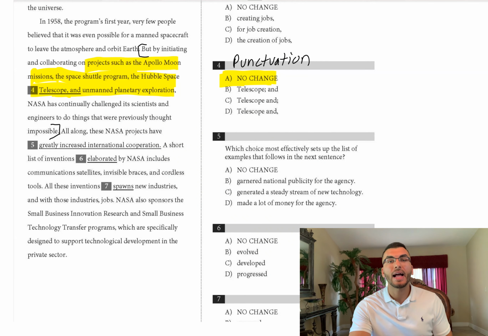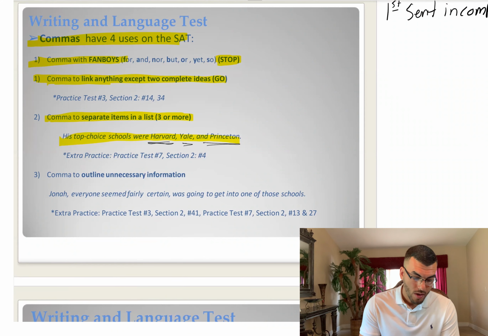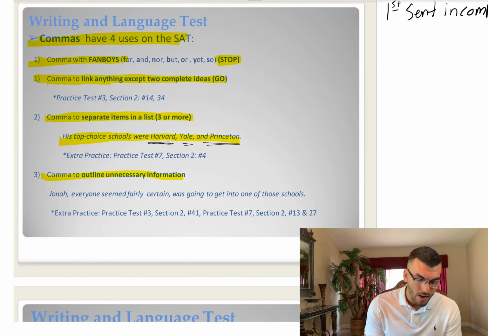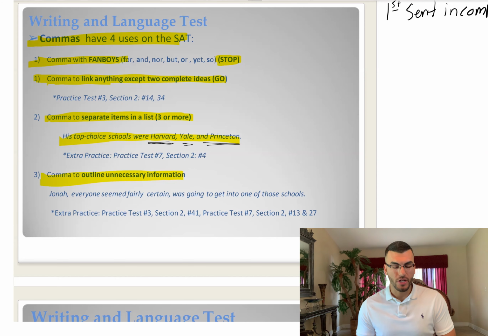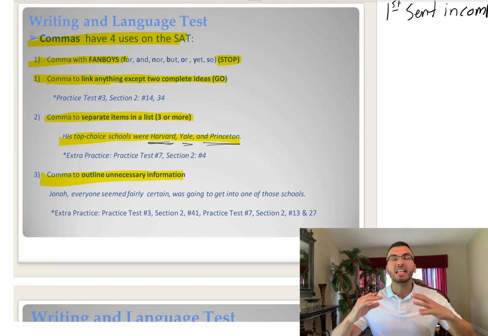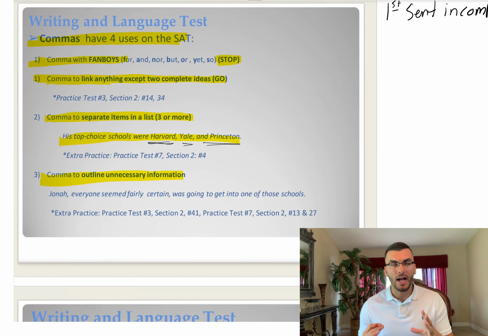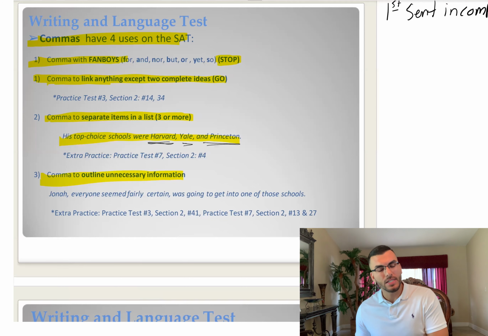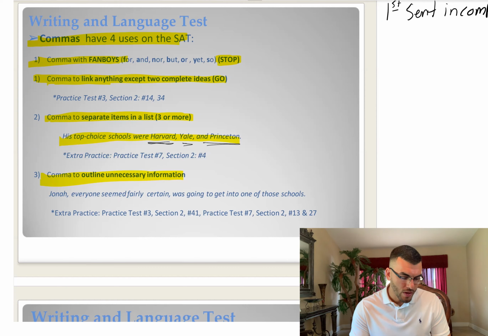Let's look at the last usage for commas on the SAT. So commas outline unnecessary information, okay? If you have unnecessary information, it needs to be outlined by a comma. Just remember that. If it's unnecessary, it needs to be surrounded by commas. So what is unnecessary information? Let's look at this example right here on the screen.